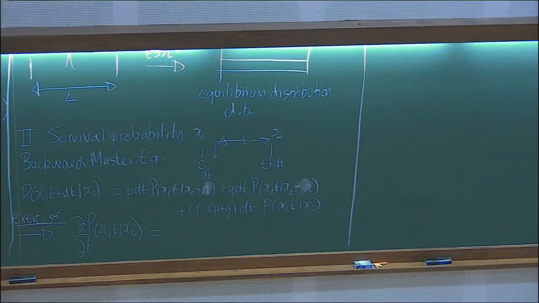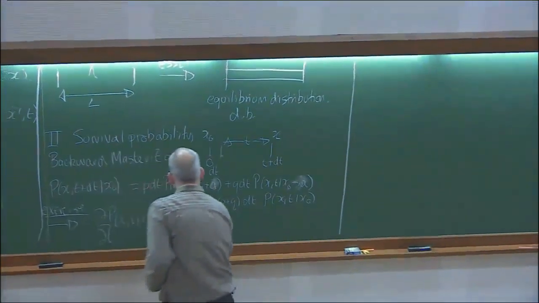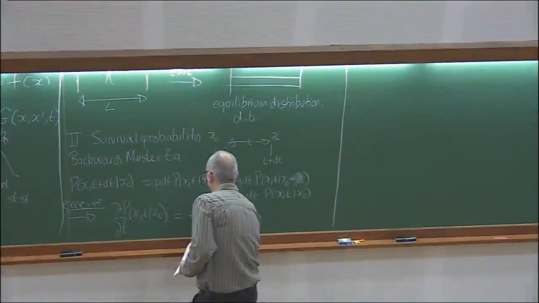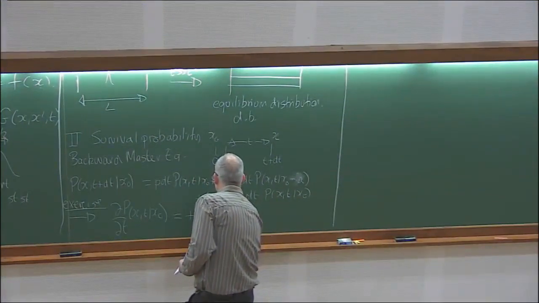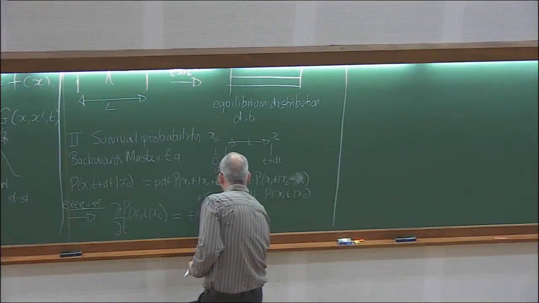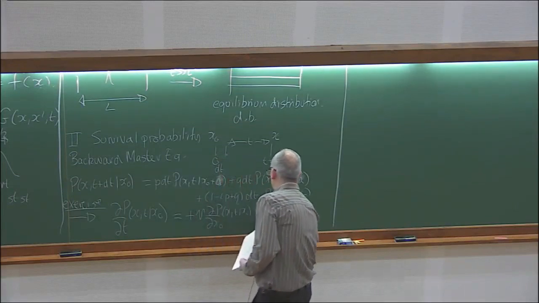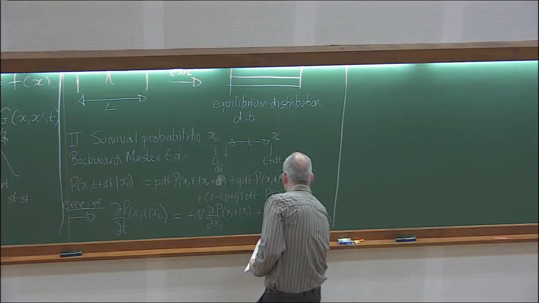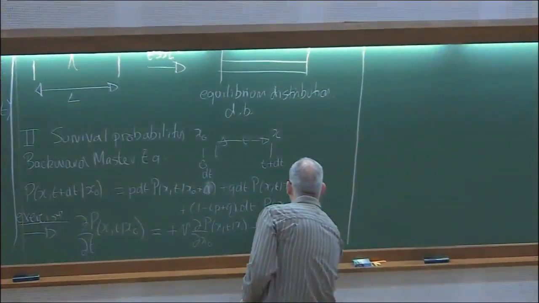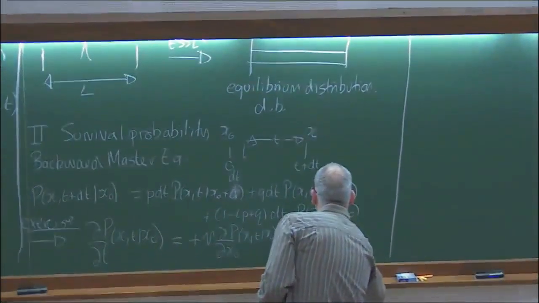So remember, v is this, but this time I get a plus v, and now it's dp by dx naught. And then again, plus d squared p by dx naught squared.